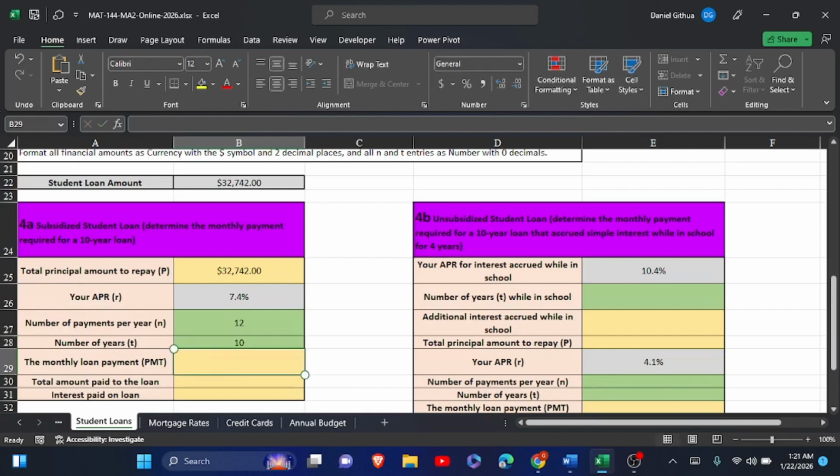Then PMT. For PMT, you use the formula that is given on the Word document.